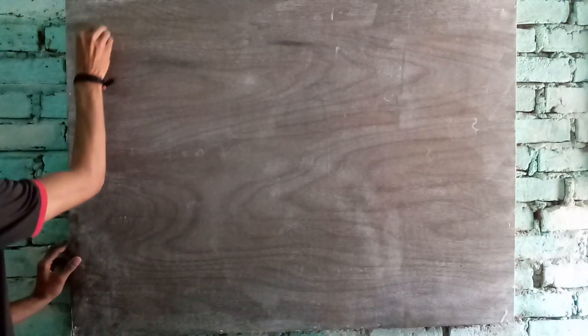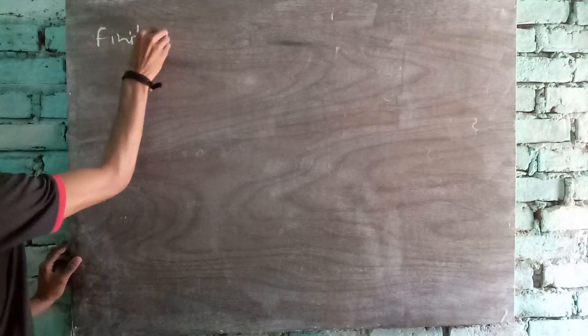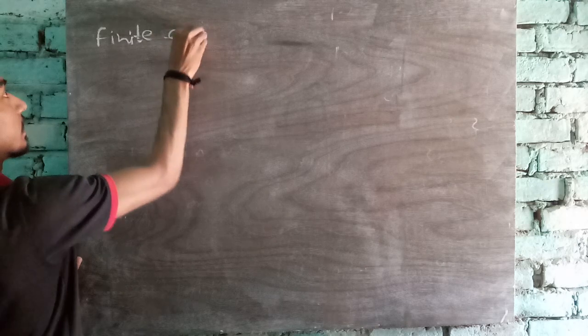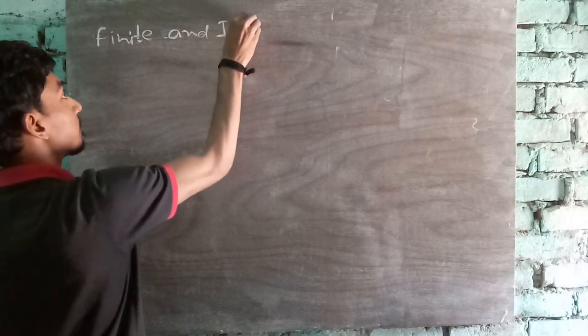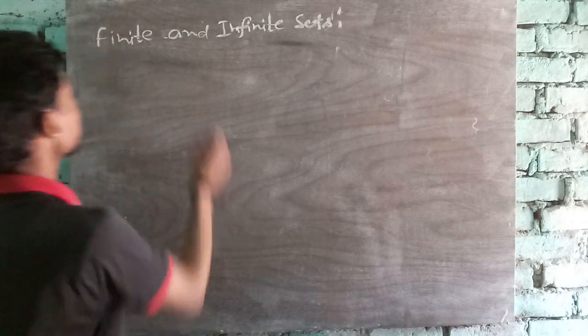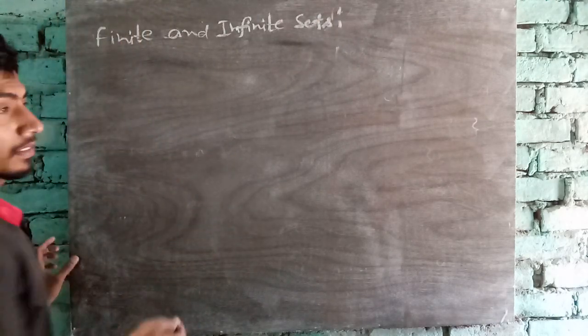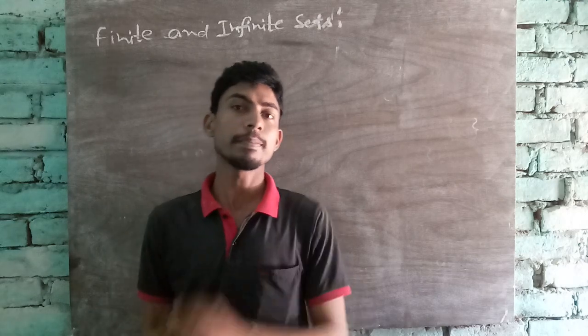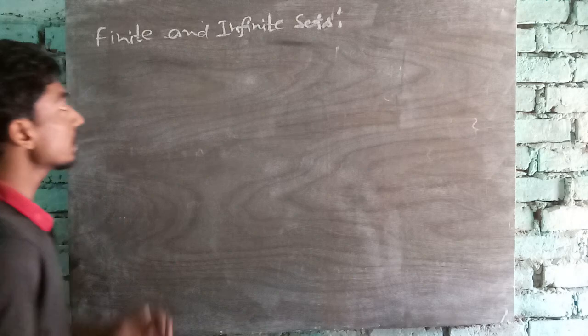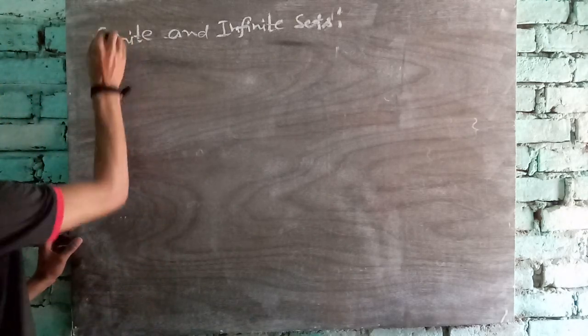Now finite and infinite sets. Finite means if the number of elements is definite, then we say the set is finite.